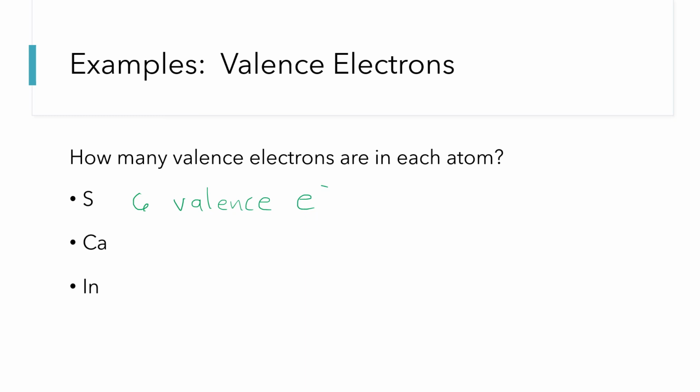Calcium is atomic number 20. It's over in group number 2, so it's going to have 2 valence electrons. And indium is atomic number 49. It's over in group number 3 or group number 13, so it's going to have 3 valence electrons.